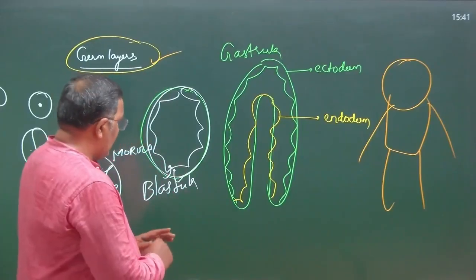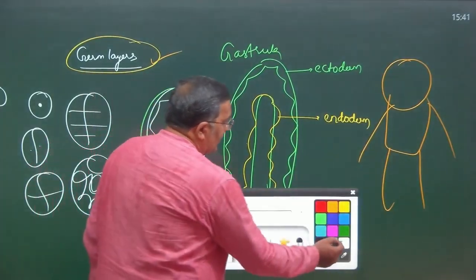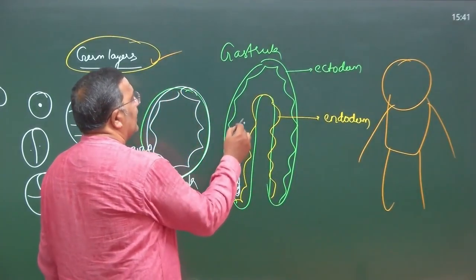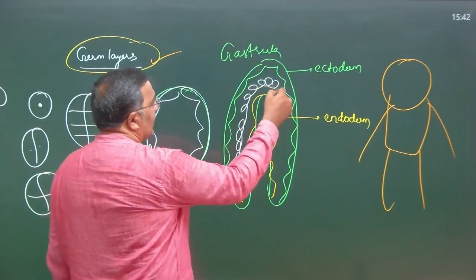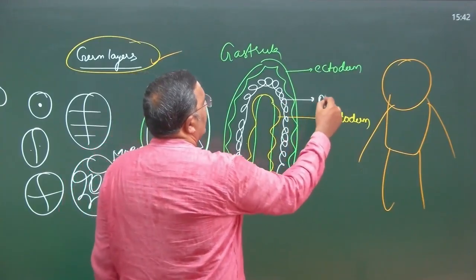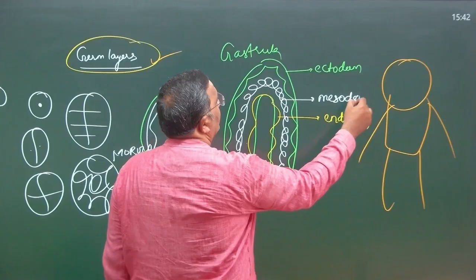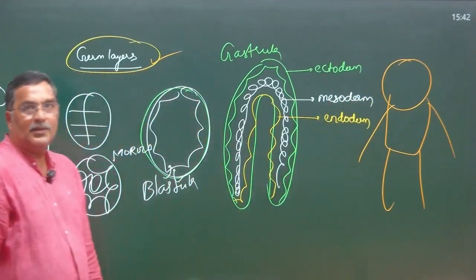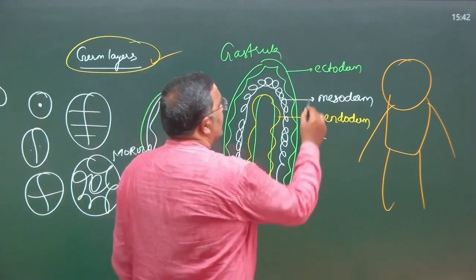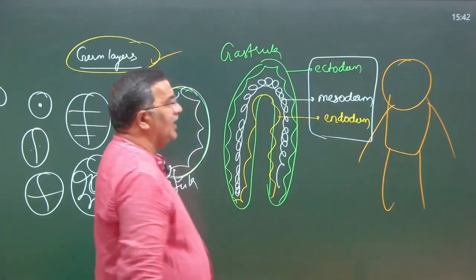Now that you know what germ layers are, let's talk about diploblastica and triploblastica. The other layer I am going to draw in this gastrula stage, in the middle, we say mesoderm. If three germ layers are present, what are they?